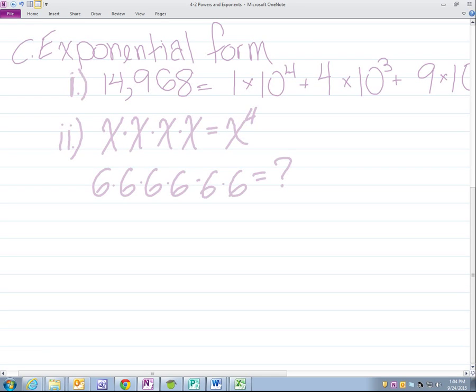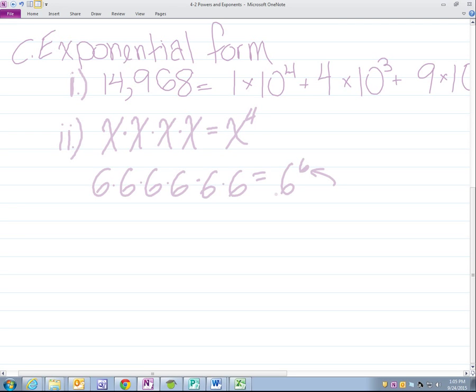Someone raise your hand. Yes, Bert. 6 to the 6th power, because there are 6 sixes happening. And you remember how the power is the whole thing. The exponent is up here, and this is the base.